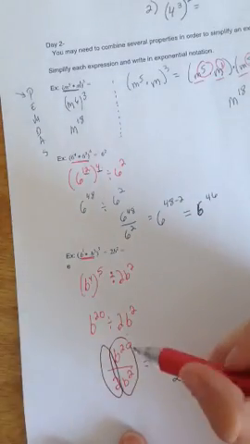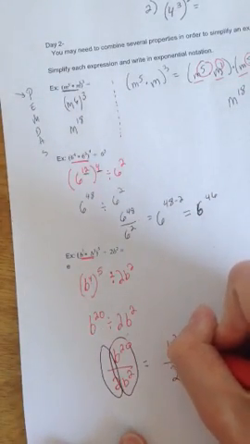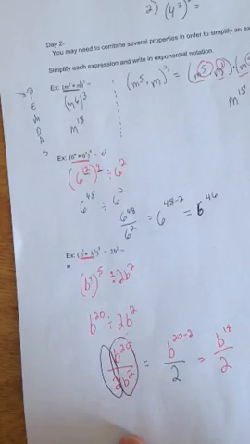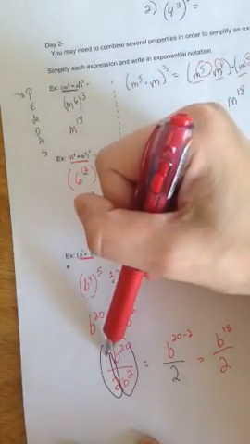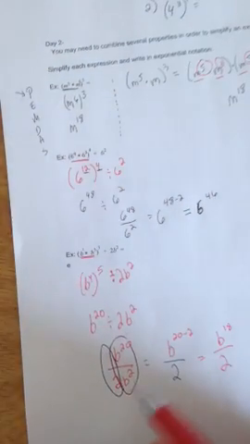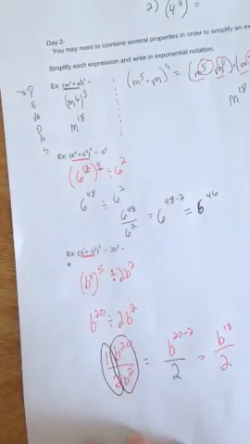Since they have the same base, I can subtract my exponents since it's division here. So I get b to the 20 minus 2, which will give me b to the 18, and that denominator of 2 just comes along for the ride. If there had been a 4 or something up here, then I would have divided 4 by 2 to get a 2 on the top. But since there's nothing here, there's technically an invisible 1. I just leave that 2 in the denominator.